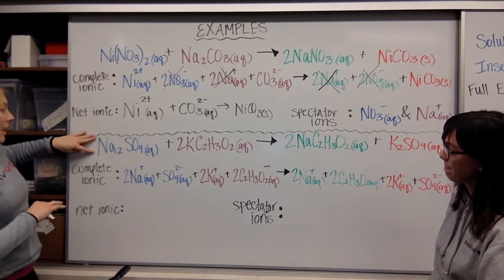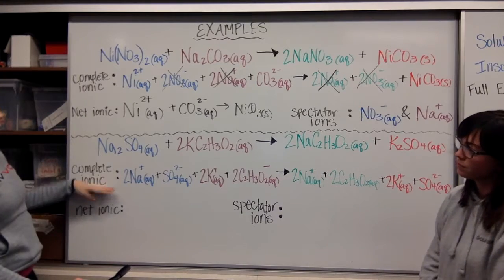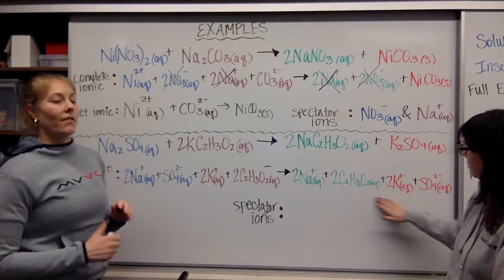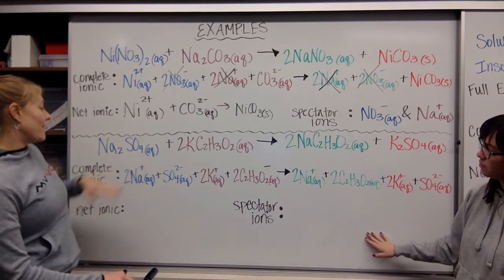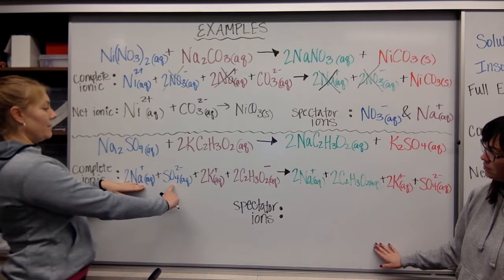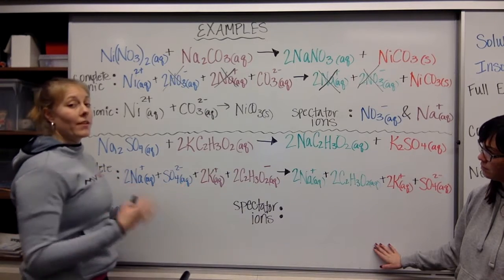Our last example, which is the same one that Ms. Thomas did, if we break it down into the complete ionic, all of these are aqueous. Every single one of those compounds is breaking down into its ions. 2 sodiums, 1 sulfate. Make sure they have the charges on them because these are ions.